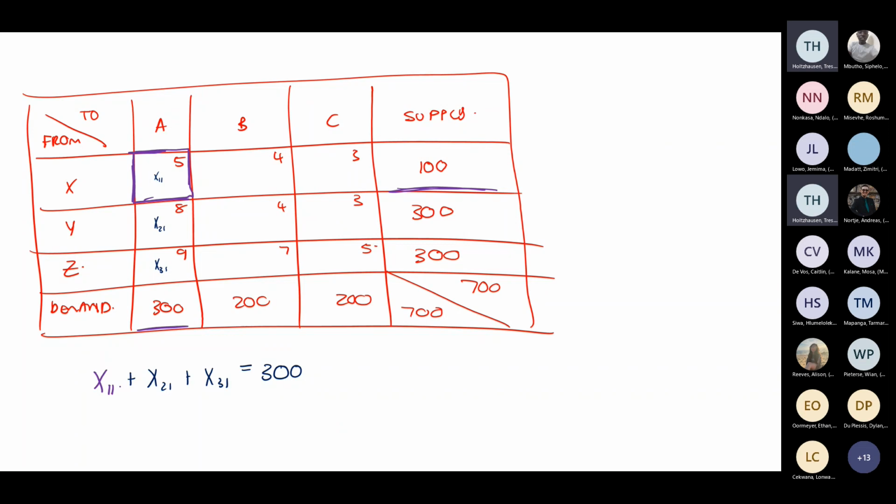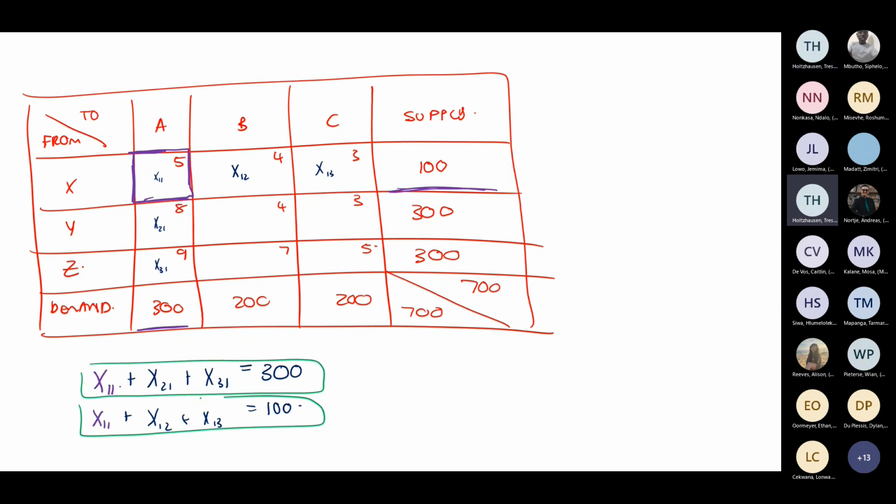So it's the boundary of it. So that constraint is an equality instead of an inequality. But it's also saying that we have X11 plus X12 plus X13 equals 100. So we have to choose the smaller one so that both of these constraints are true. So we choose the smallest one and we put it in.